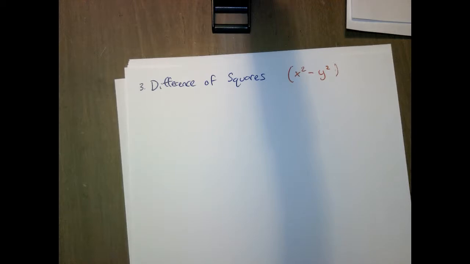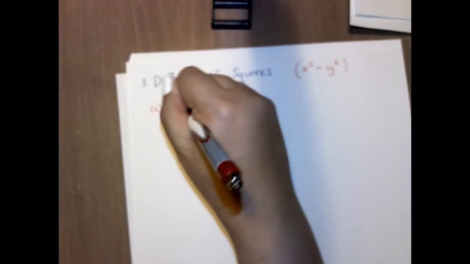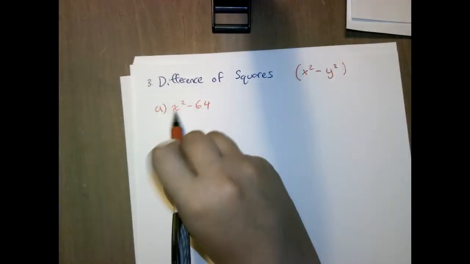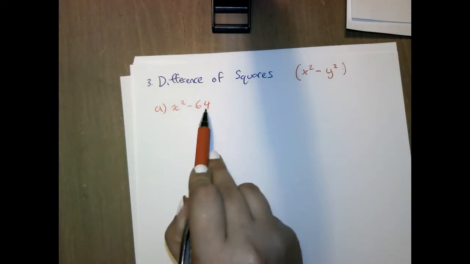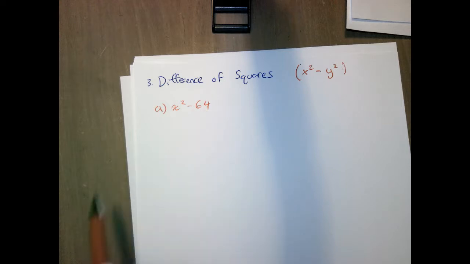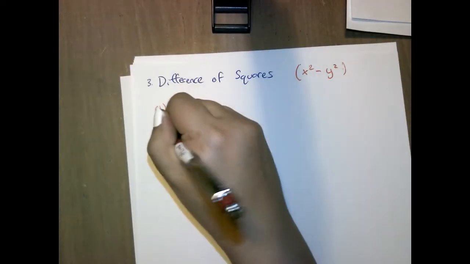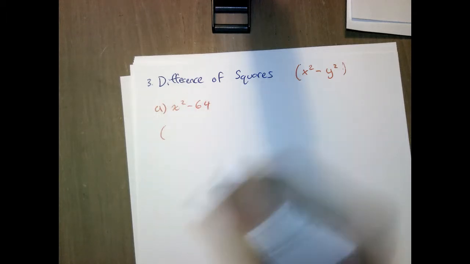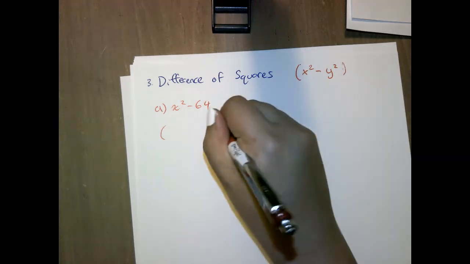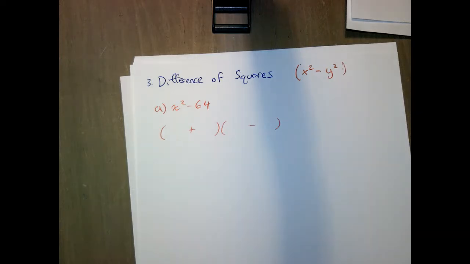So let's look at our first example here. Let's say I have x squared minus 64. So x is my variable, squared, and 64 is the square of 8. 8 times 8 is 64. When I'm factoring out a difference of squares, I'm going to get a number plus another number times a number minus another number.